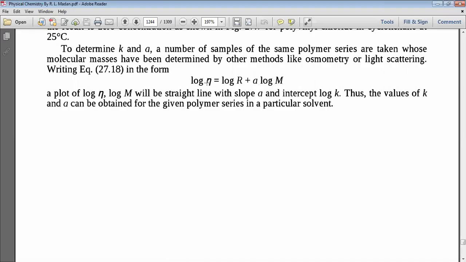Plotting log [eta] versus log M will give a straight line with slope a and intercept log K, like y equal to mx plus c. Thus the values of K and a can be obtained for the given polymer series in a particular solvent.